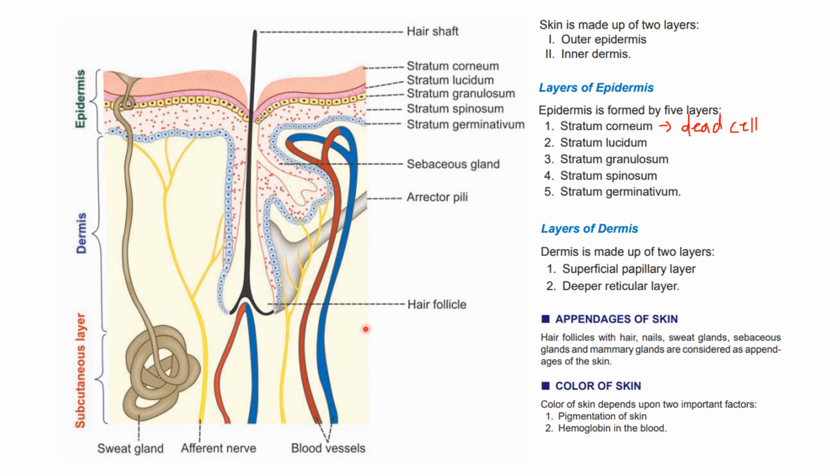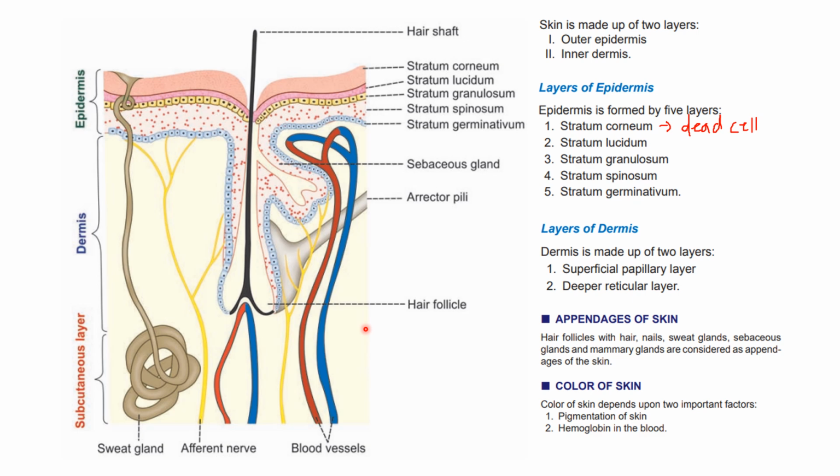These cells lose their nucleus due to the pressure and then become dead cells. The cytoplasm here is flattened with fibrous protein, that is your keratin protein, and a part of this cell also contains phospholipid and glycogen.